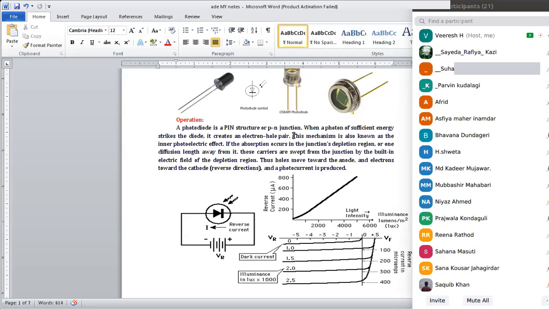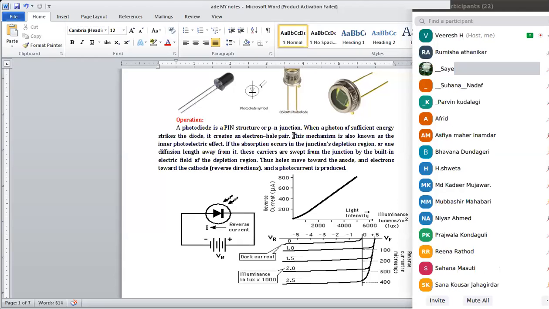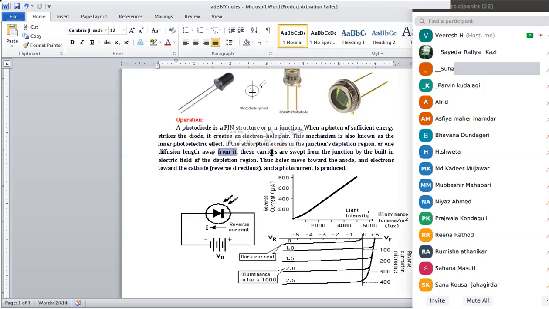So this mechanism is called the photoelectric effect, inner photoelectric effect. If the absorption occurs in the junction depletion layer or one diffusion length away from it, what could happen? These carriers are swept from the junction. That is, they are going out from the junction.